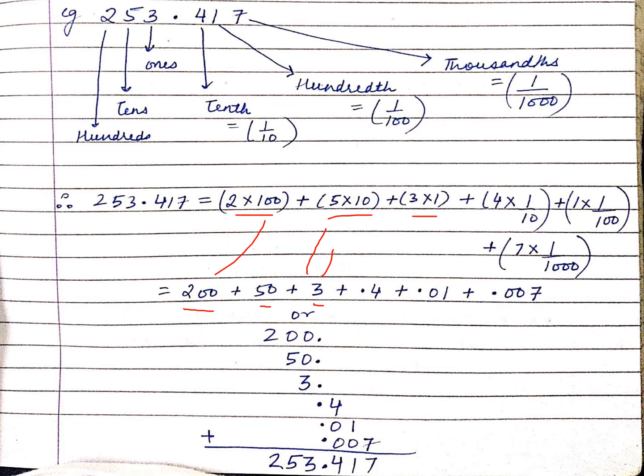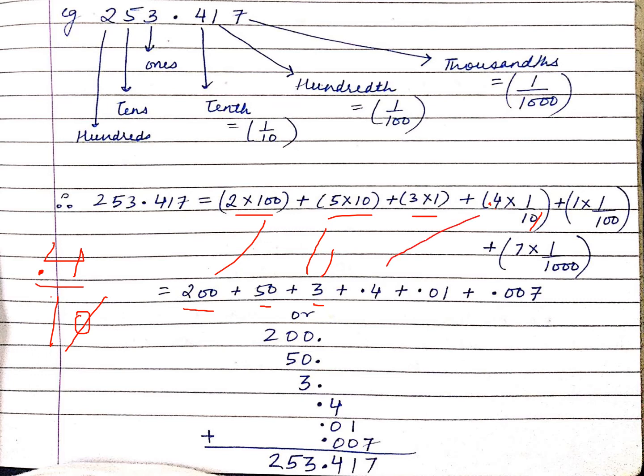Now 4 into 1 by 10. We all know if we cut this 0, we put a decimal over here. Because we know 4 upon 10 is simply 0.4. Okay.